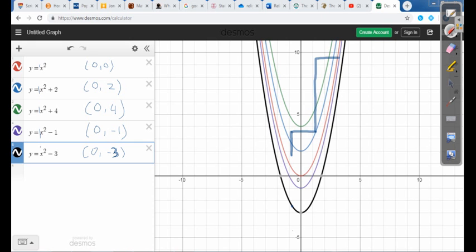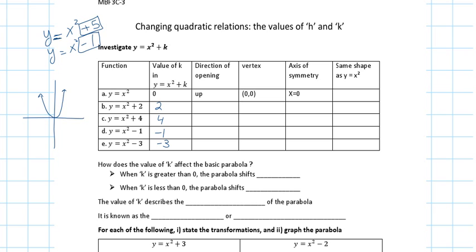Do we see that? Is that clear? Okay, so let's go back to our direction of opening for all of them, second one.